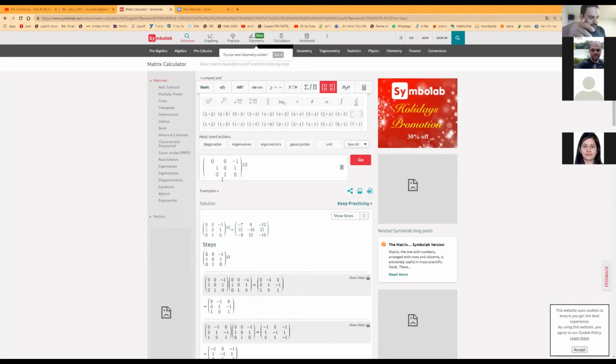If the order of the whole group is 26, then it can be only 2 and 13. So I took here the power of 13 of this element.